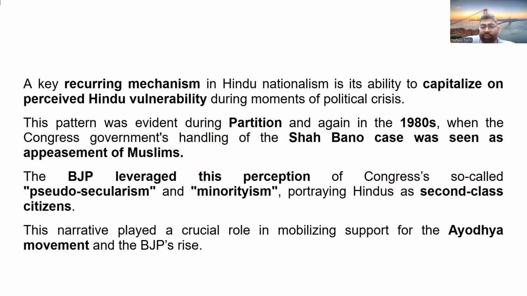The BJP leveraged this perception of Congress's so-called pseudo-secularism and minoritism, portraying Hindus as second-class citizens. This narrative played a crucial role in mobilizing support for the Ayodhya movement and the BJP's rise. As I just talked about, BJP went from 2 seats in the 1984 Lok Sabha to 85 seats in the 1989 Lok Sabha.